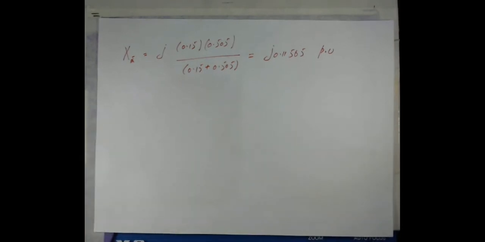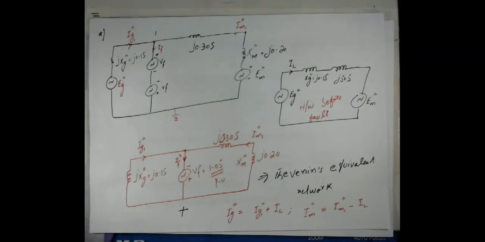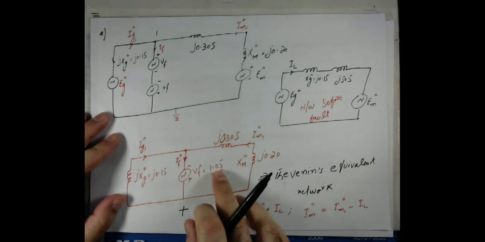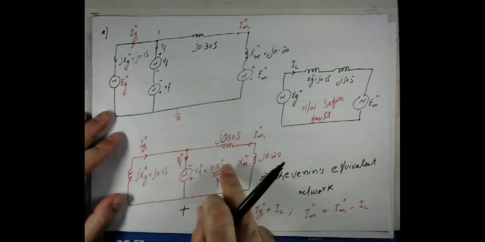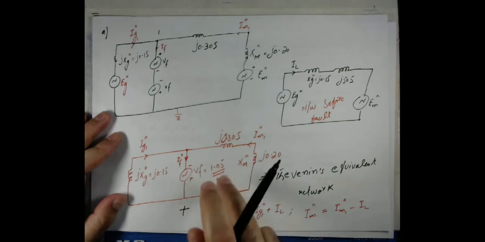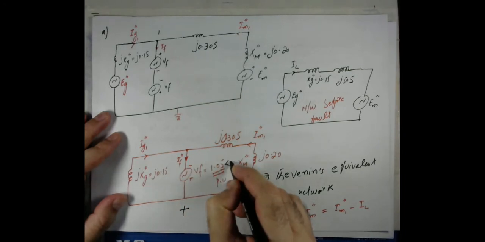So now, assuming that Vf is 1.05. Also, another important thing is that Vf will be considered as a reference quantity. At the bus where the fault appears, we take it as a reference. So if we take it as a reference, obviously the angle will be 0.